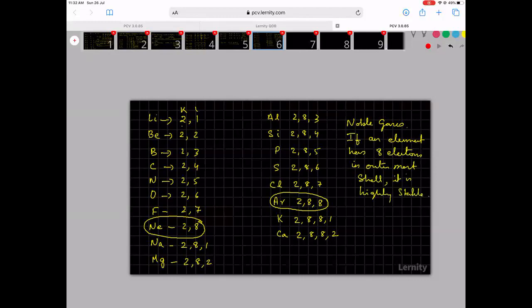Based on this, they came up with the octet rule. According to the octet rule, every element tends to want to have 8 electrons in the outermost shell.